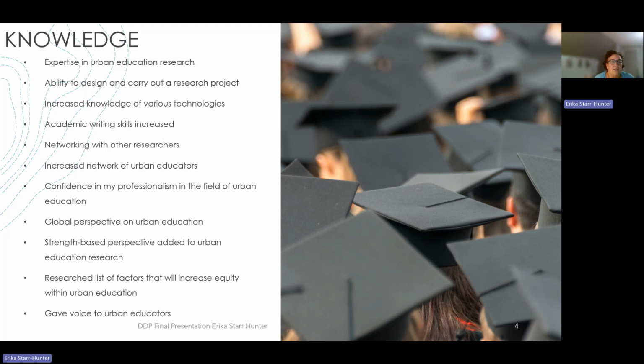Ability to design and carry out a research project, increased knowledge of various technologies, just the sheer amount of different technologies that were necessary for this project. I needed to learn them all and be able to use them effectively. I love learning new technology, so I really am excited about that.